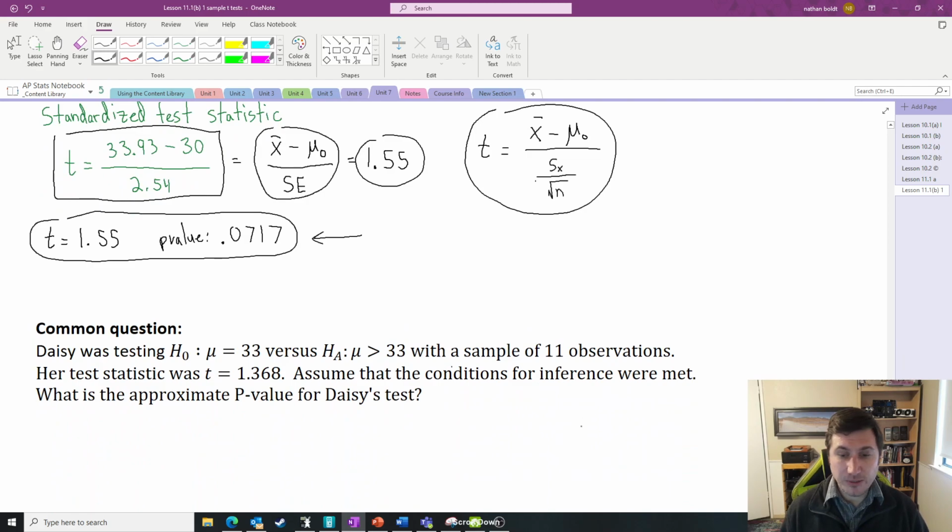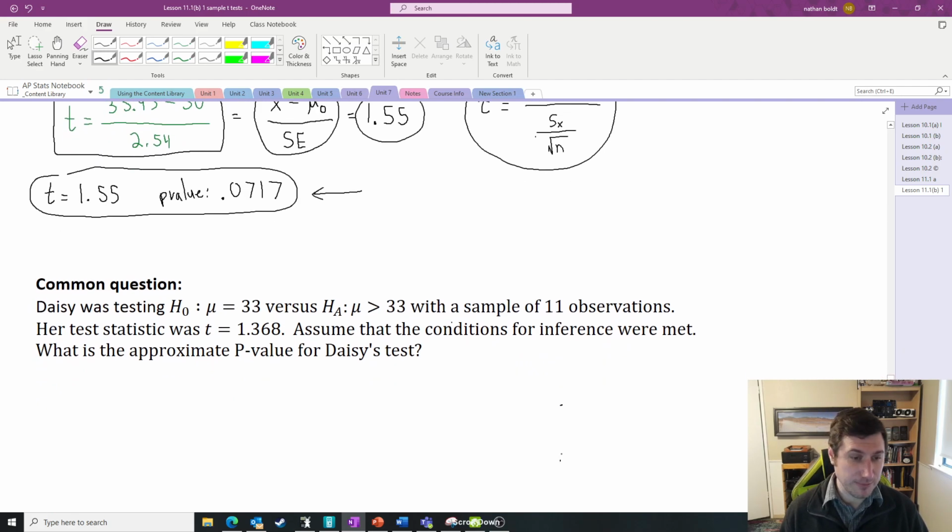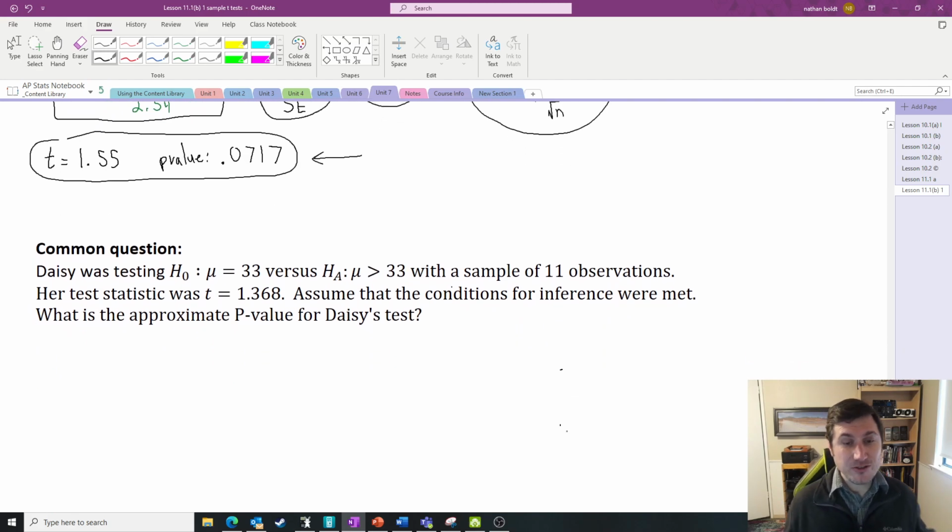Now, another reason why we need to be familiar with it is sometimes you'll get an obnoxious question like this that just doesn't give you all the information. So Daisy was testing a null hypothesis that the mean was equal to 33 versus the alternative hypothesis that it's greater than 33 with a sample of 11.